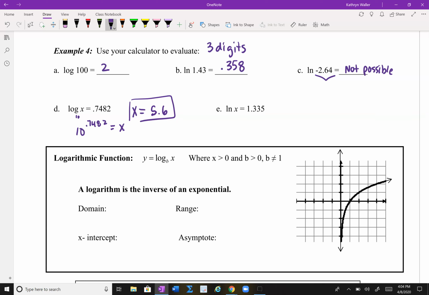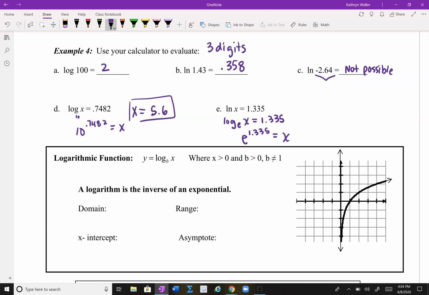So ln is log base e, okay? So you really have log base e of x is 1.335. And now you convert it because you're stuck. So you go e to the 1.335 is equal to x.